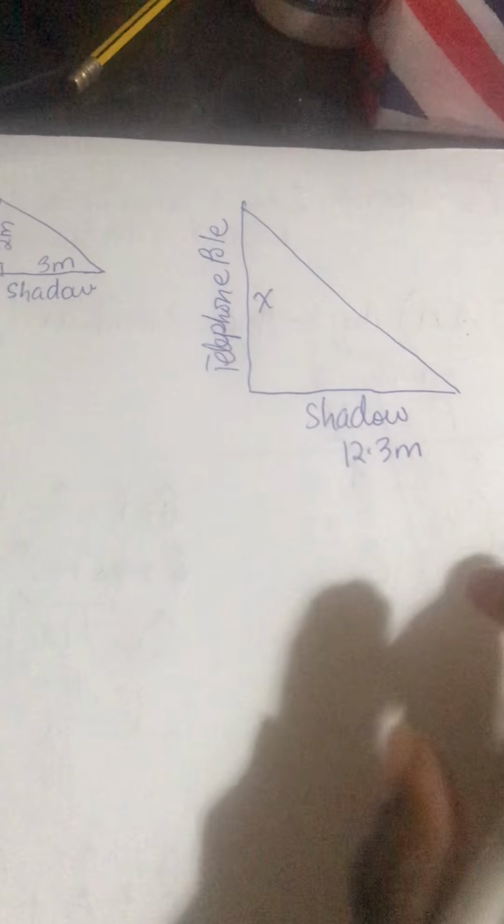Okay? A nearby telephone pole casts a shadow. So the shadow is how much? 12.3 meters. How tall is the telephone pole? That means this is X.